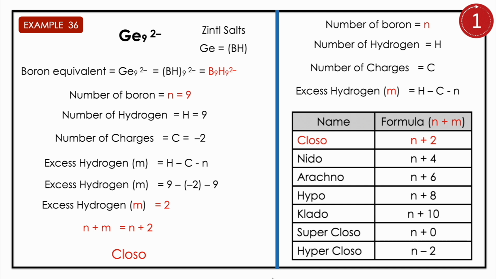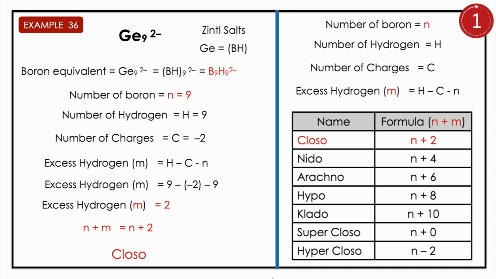So we should write the boron equivalent for germanium. Germanium is in the carbon series, which is a 3 plus 1 system. So the germanium equivalent will be BH. So instead of germanium, you write BH in the formula. So the formula becomes BH9 2 minus. If you expand it, it becomes B9H9 2 minus.